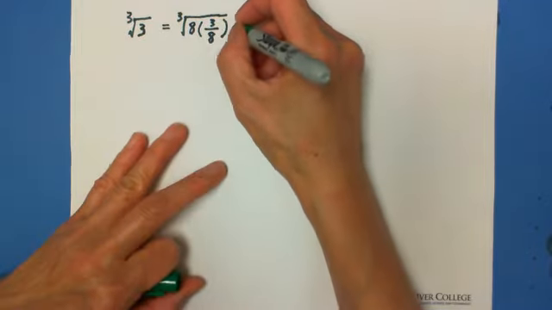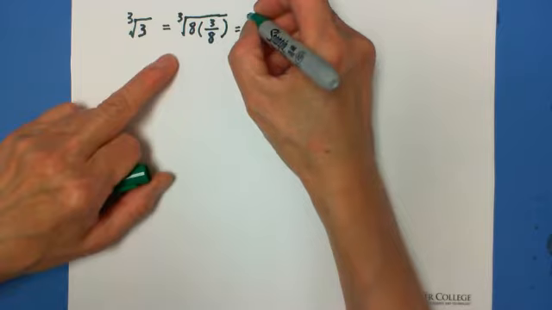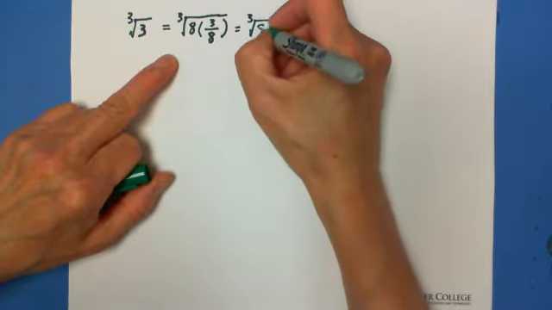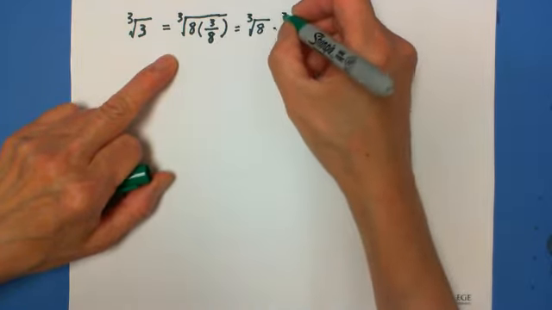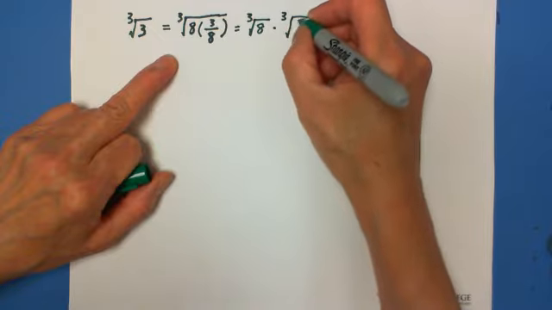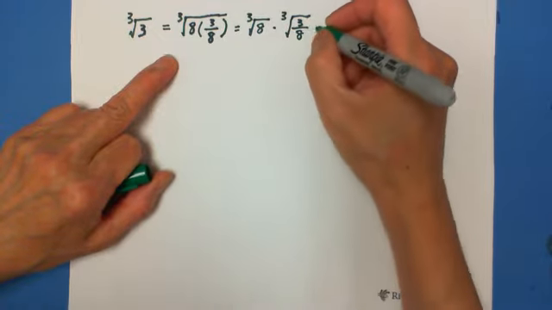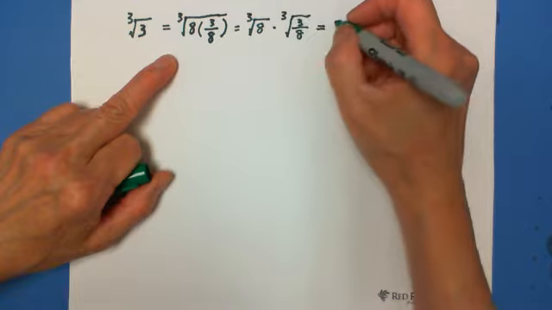Then we separate the cube root of 8 and multiply by the cube root of 3 over 8. The cube root of 8 equals 2.